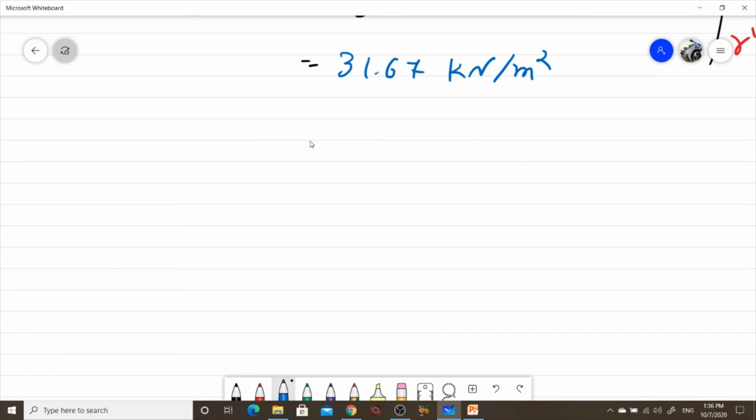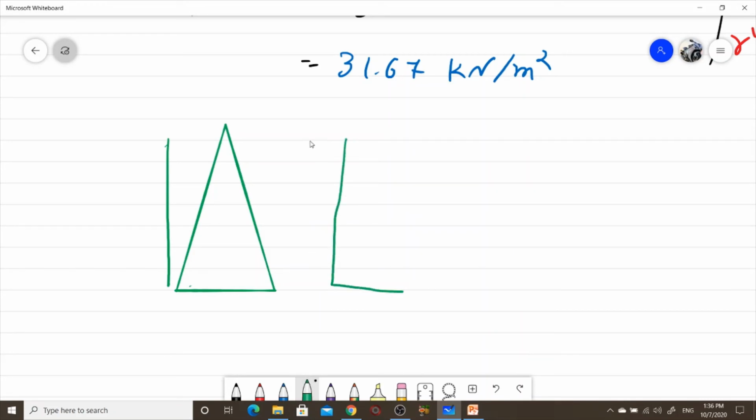Okay, we are going to draw one figure. So this is the triangle.